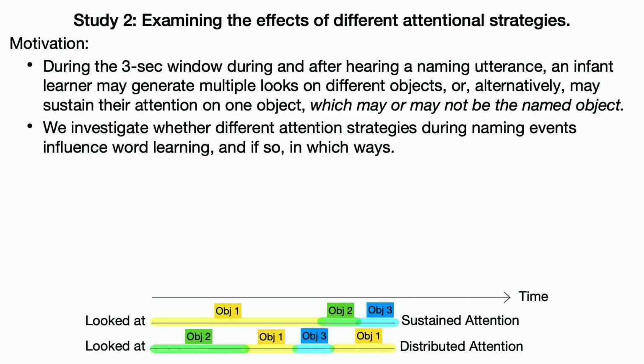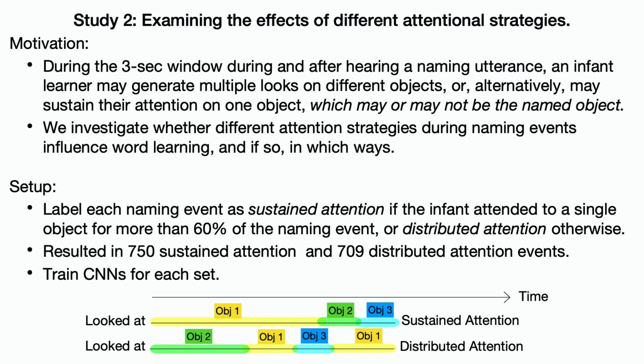The purpose of this study is to investigate how these 2 attention strategies can influence word learning. Please note that even if they keep looking at the same object, it might not be the object that is named. To investigate these things, we divided the naming events into 2 types.